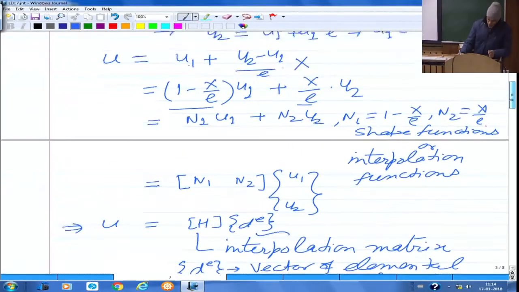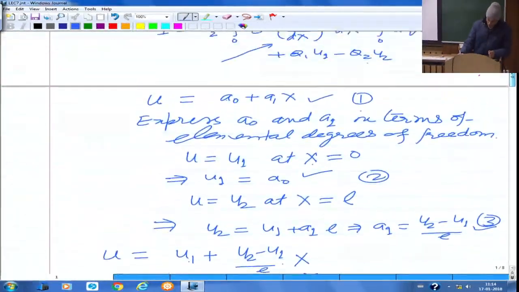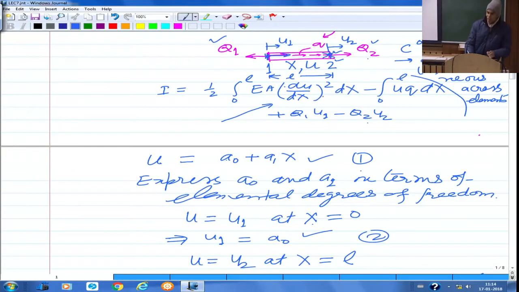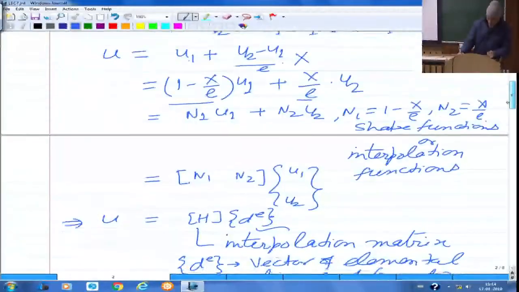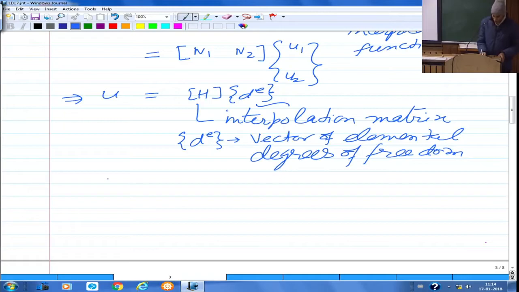And then we will have to substitute this in the integral functional here. So we need the first derivative. We need to differentiate this U with respect to X. Let us say we call this equation number 4.